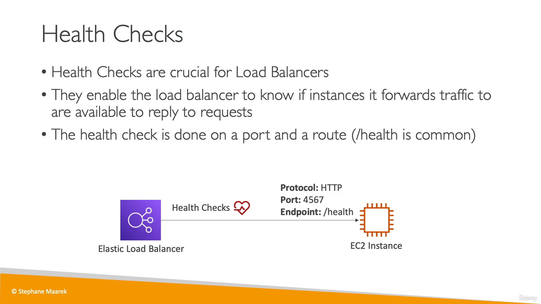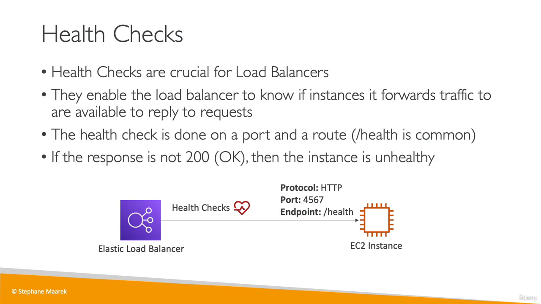So for example, in this example, I have the protocol being HTTP, the port being 4567, and the endpoint being /health, because maybe this route is an easy way from an application perspective to check the health of my application. And if the EC2 instance does not respond with an OK response, which is usually the 200 status code of HTTP, then the instance will be marked as unhealthy, and the Elastic Load Balancer will not send traffic to that instance.